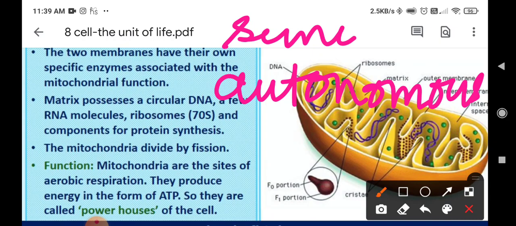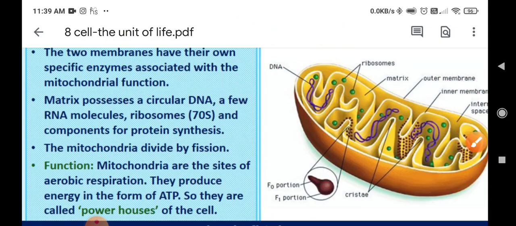They are not completely dependent upon the cell's nucleus or the cell's DNA. This is the reason they can divide on their own. Semi autonomous means they are not completely dependent. So mitochondria are known as semi autonomous structures.